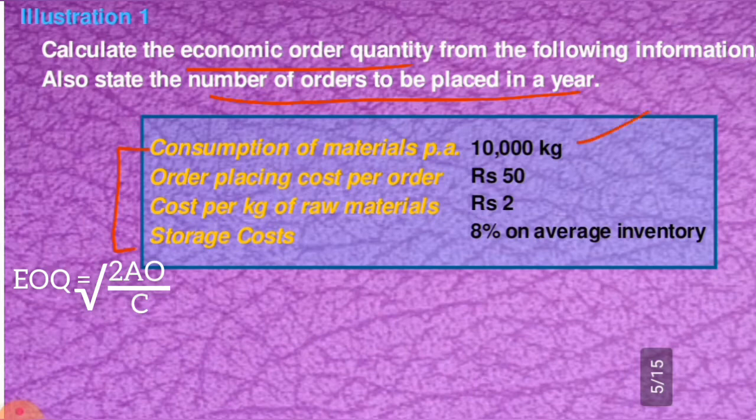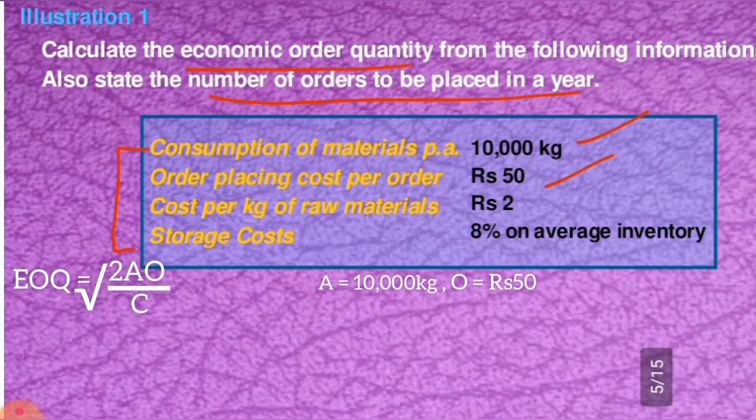Consumption of materials per annum, that is A, right? Annual demand. Order placing cost per order, that means O, ordering cost. Cost per kg of raw materials, this is the purchase cost, right?